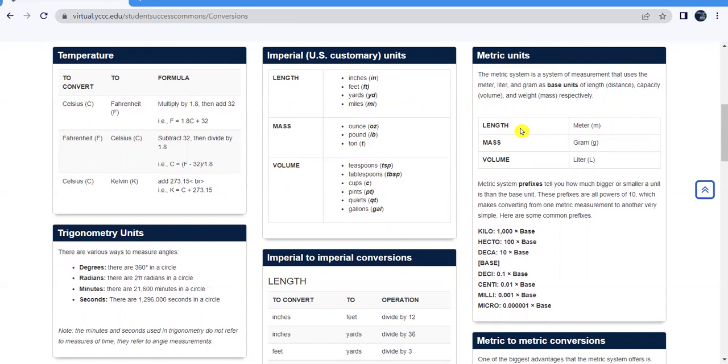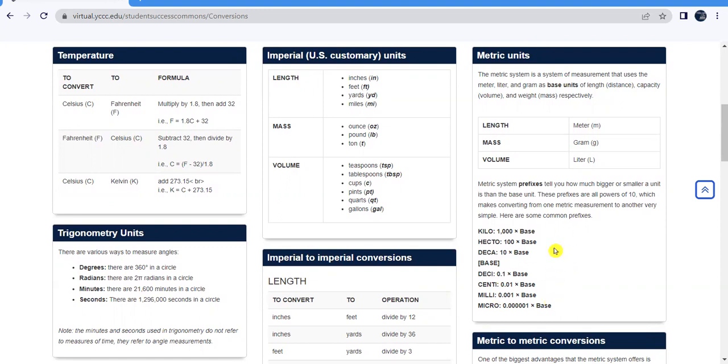So if you see kilometer, that means it's 1,000 times as big as a regular meter. Or if you see a millimeter, that means it's 0.001 times a regular meter, or it's 1,000th of a meter.